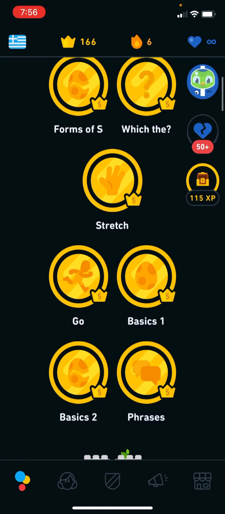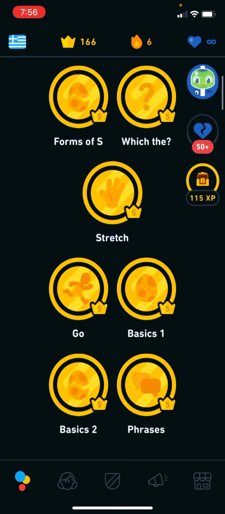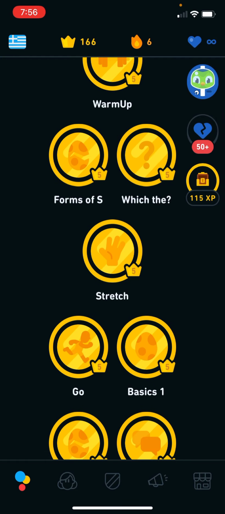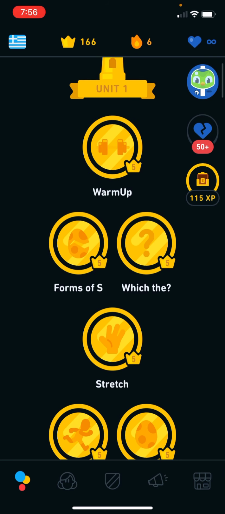Down here in the lower left-hand corner, it's not there on my phone because this isn't the desktop app, but if it was, you would see something that almost looks like a barbell, and it's meant to continue doing exercises to strengthen skills, and it will integrate the spaced repetition to some degree into that.